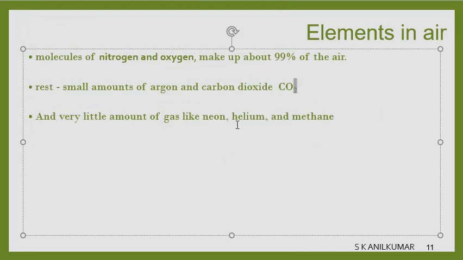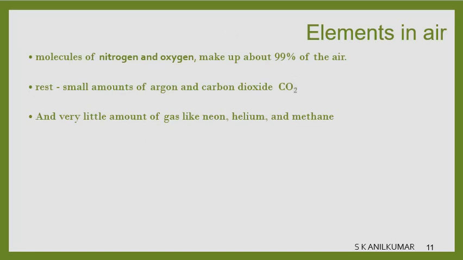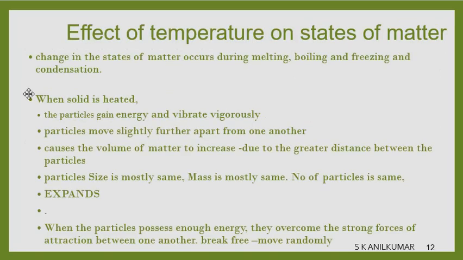And what will make it 100%? Neon, helium, methane, argon, all these are inert gases. Why inert? Because they are present in very small traces, right? So these are the elements and compounds, the components of matter that we find in our human body or air or whatever. So it is a mixture, right?